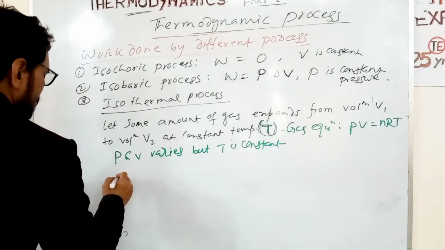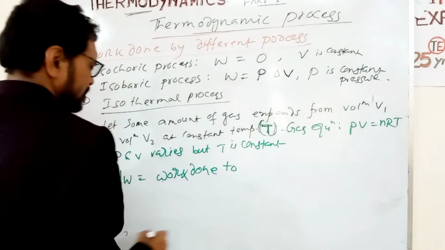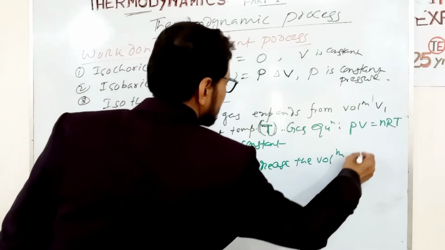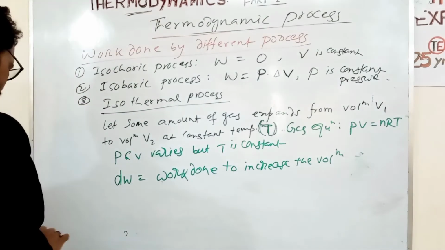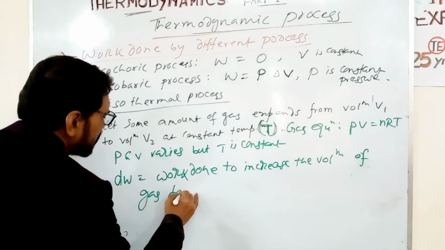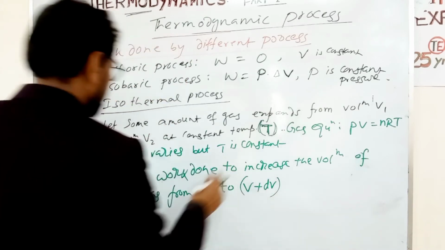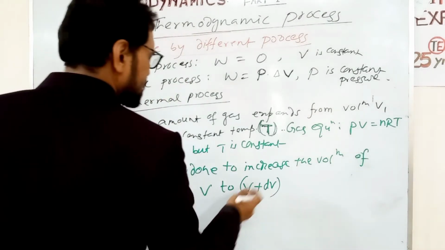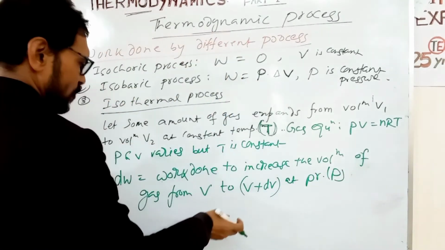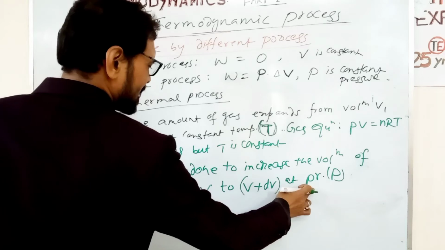Suppose dW equals the work done to increase the volume of gas from V to V plus dV at pressure P. When a small volume is increased, we take the pressure to remain constant.